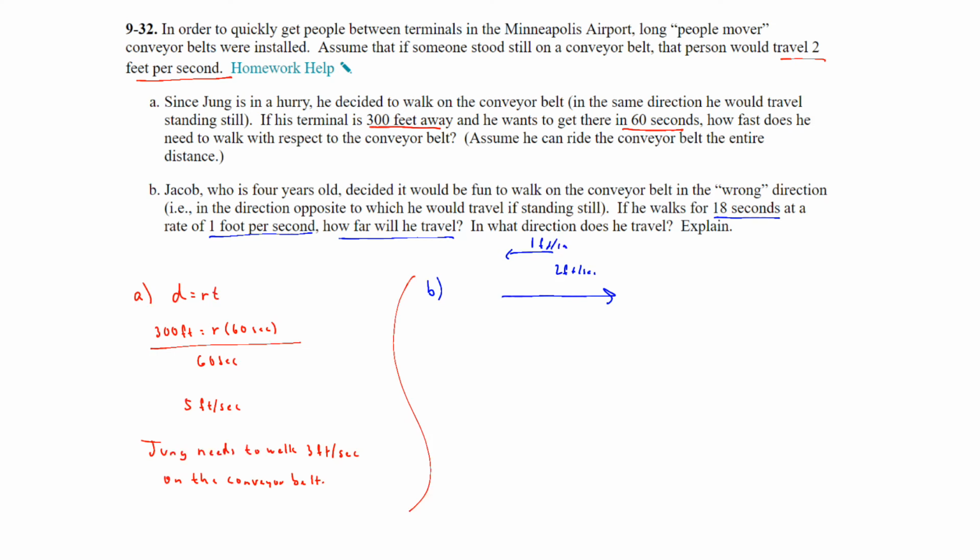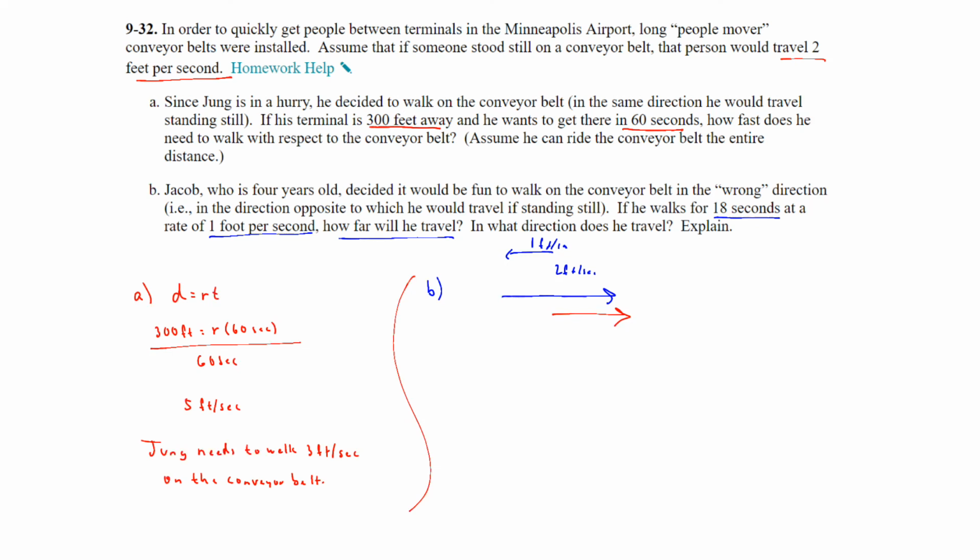So to take the difference of those, we would get 1 foot per second going in the direction of the conveyor belt. So he's still moving in, I would say, the positive direction here, because he's not walking fast enough to pass the 2 feet per second it's moving.